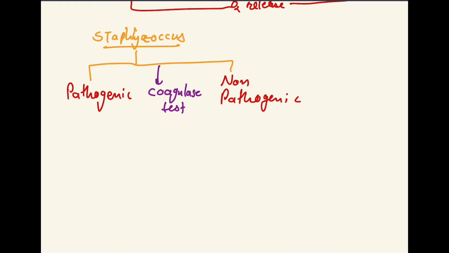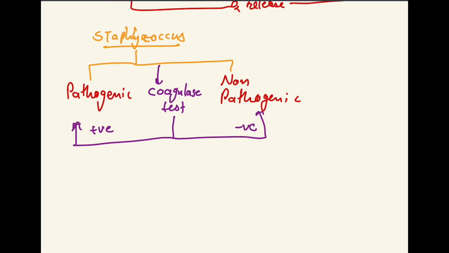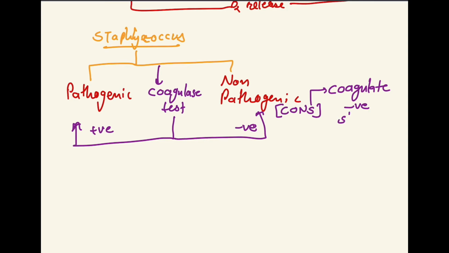If the coagulase test is positive, it is pathogenic Staphylococcus, and if it comes negative, it is non-pathogenic Staphylococcus, which is also called CONS. CONS means coagulase-negative Staphylococcus.